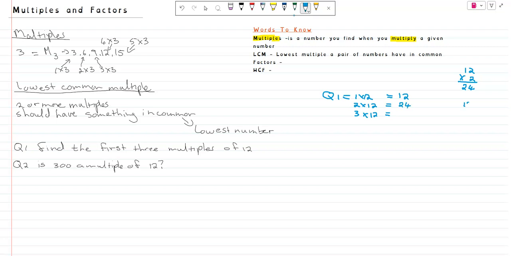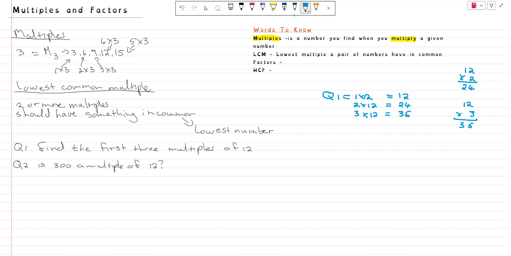And what's 3 times 12? 3 times 2 gives us 6, and 3 times 1 gives us 3. So 3 times 12 is 36. Of course, if you know your times tables, you would not have to do this. You can just write the answers.